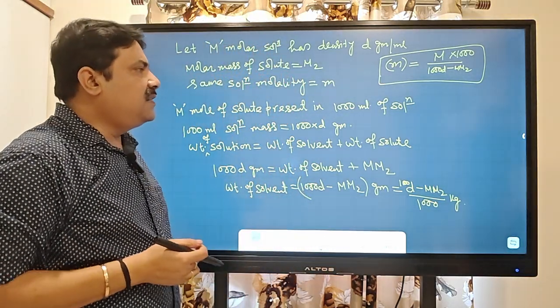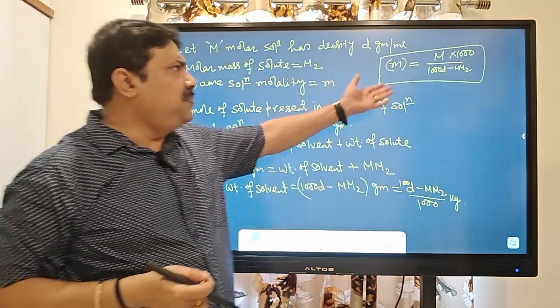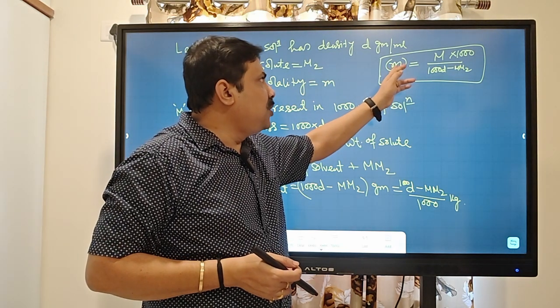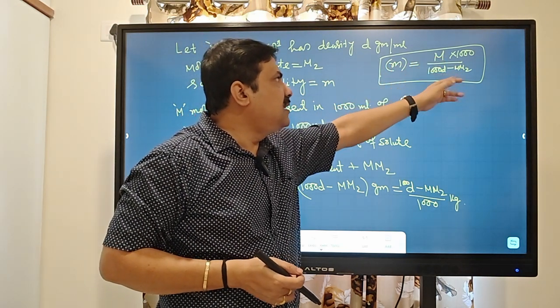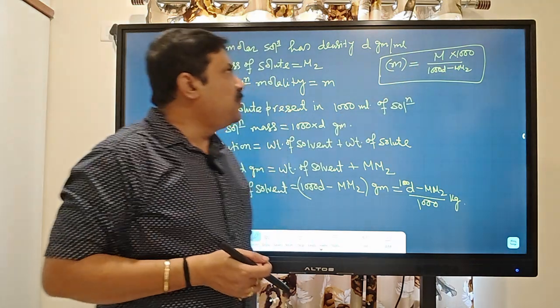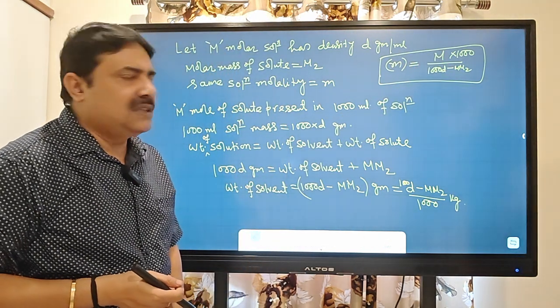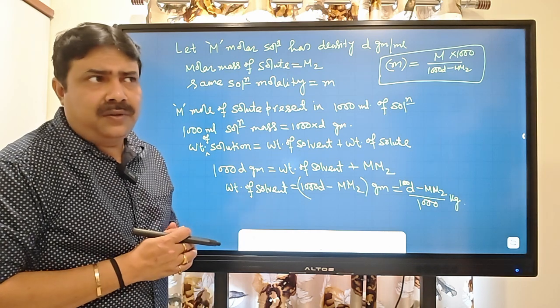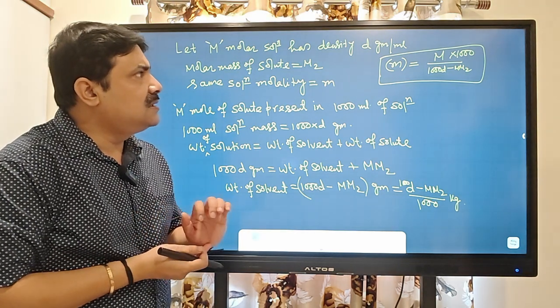So here small m is there, here capital M is there, and that is the relation between small m versus capital M. Clear? Understood? Everybody clearly understood these things?